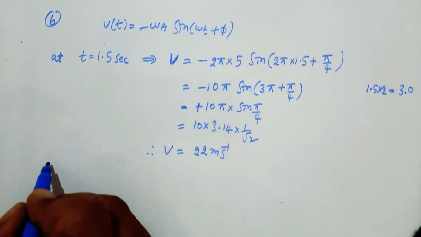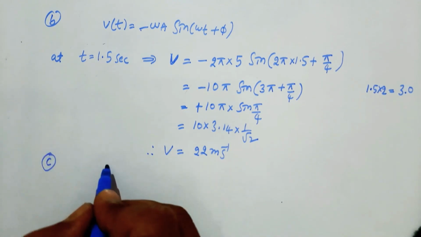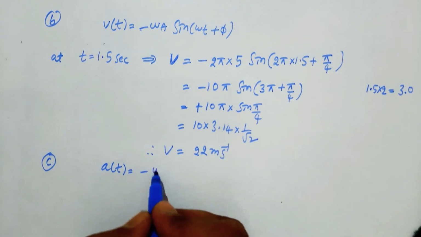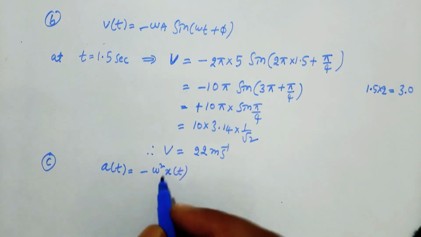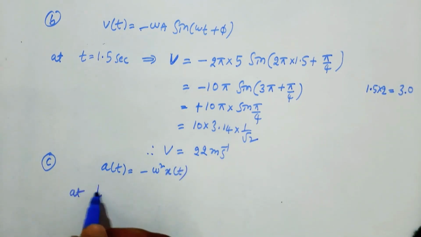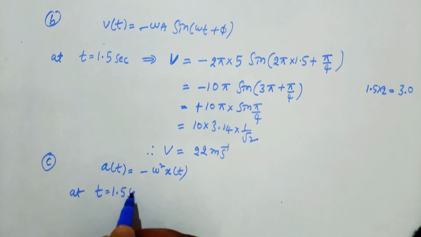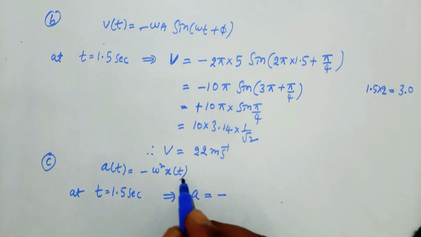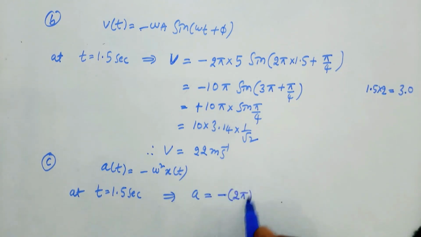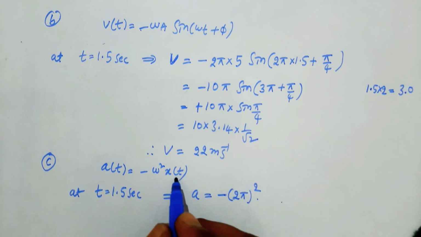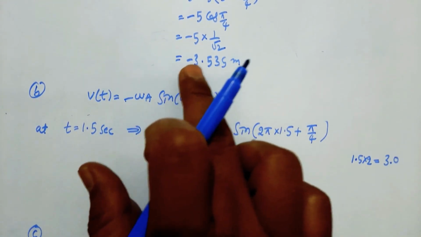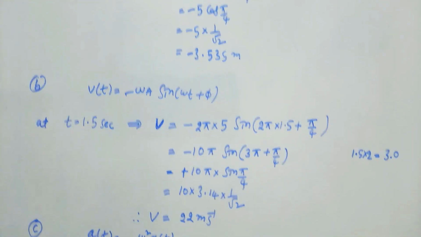Let us see the third one. Here a of t is equal to what? Minus omega square x of t. So at time t is equal to 1.5 seconds, we can write the expression a is equal to minus omega squared, where omega is 2 pi, whole square. What is x of t at time t is equal to 1.5 seconds? Here we get minus 3.535 meters.